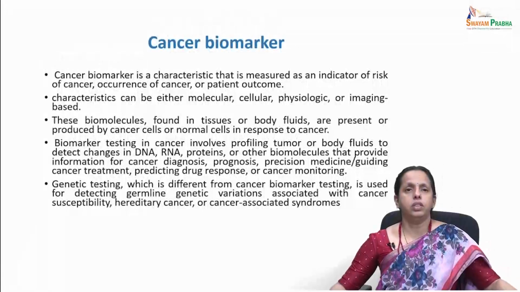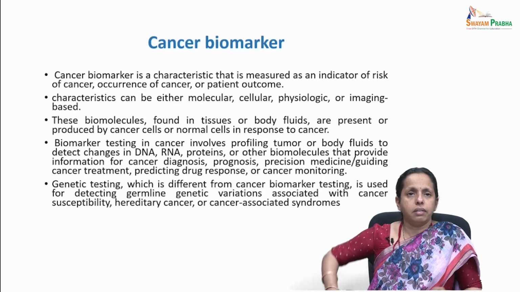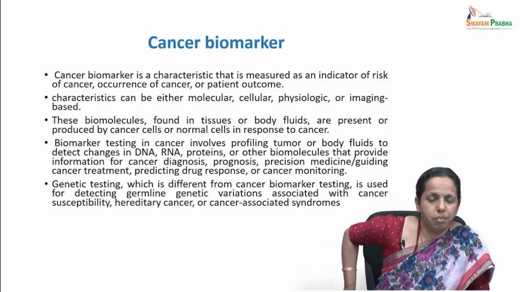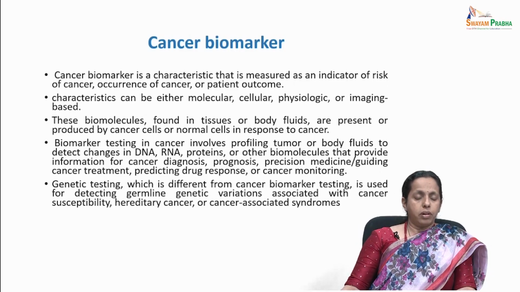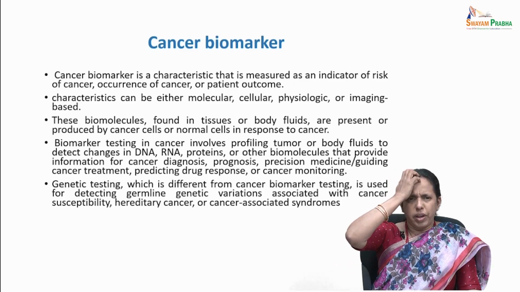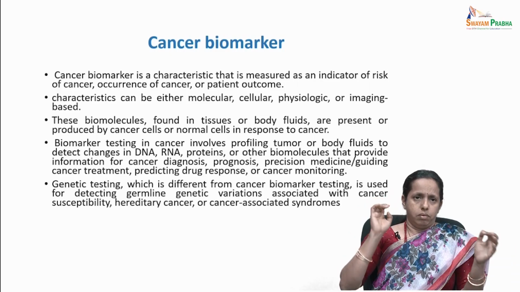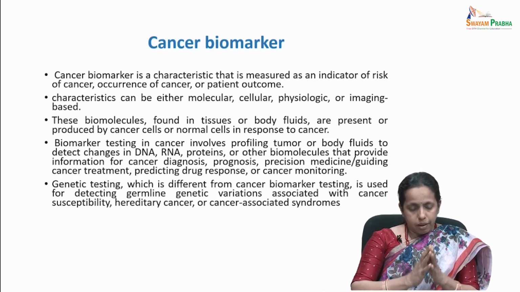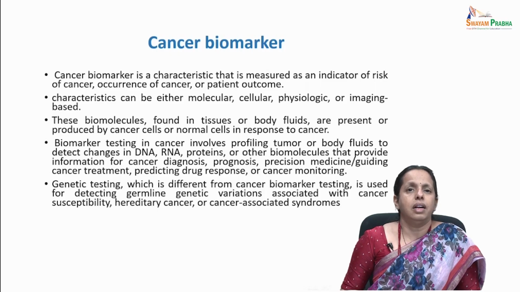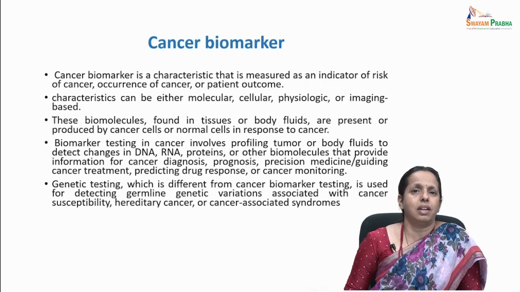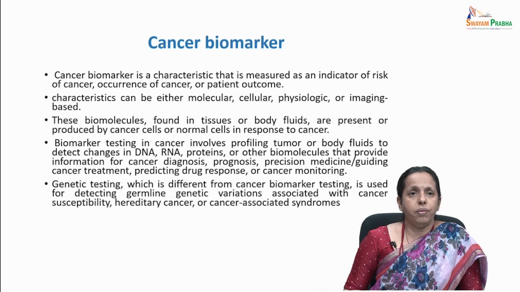Now we are going to talk about another very important parameter, which we've discussed in cancer detection methods in detail, about cancer biomarkers. So very quickly, we will just go through the basics, which says it is a characteristic that is measured as an indicator of risk of cancer.